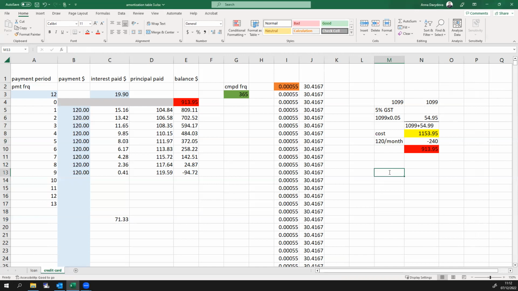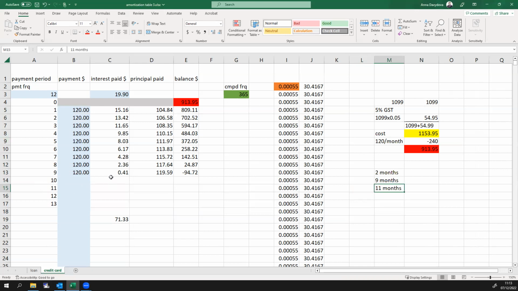So technically, it's 2 months of 0 interest and 9 months of 19.9 interest. The total is 11 months, which now answers question A: at 120 per month, it will take Madison 11 months to pay off the balance.